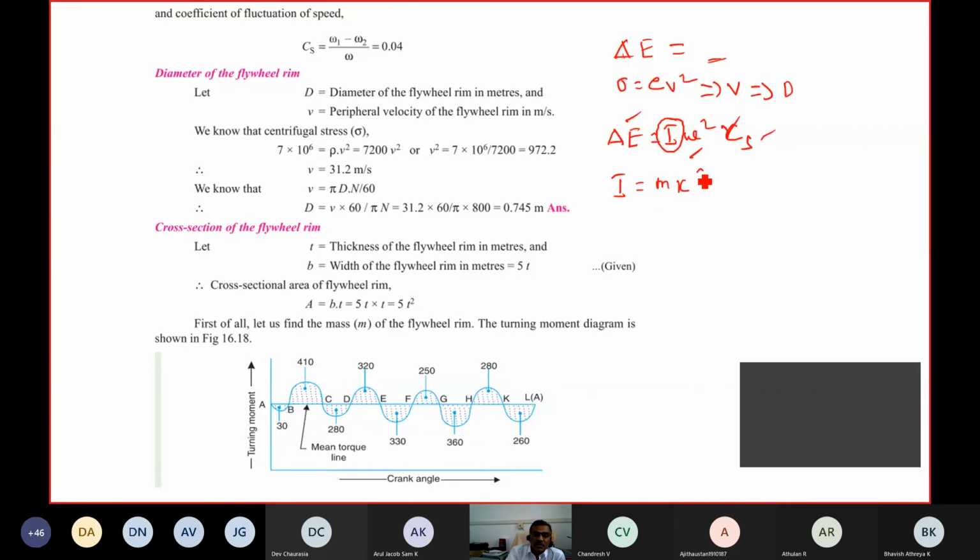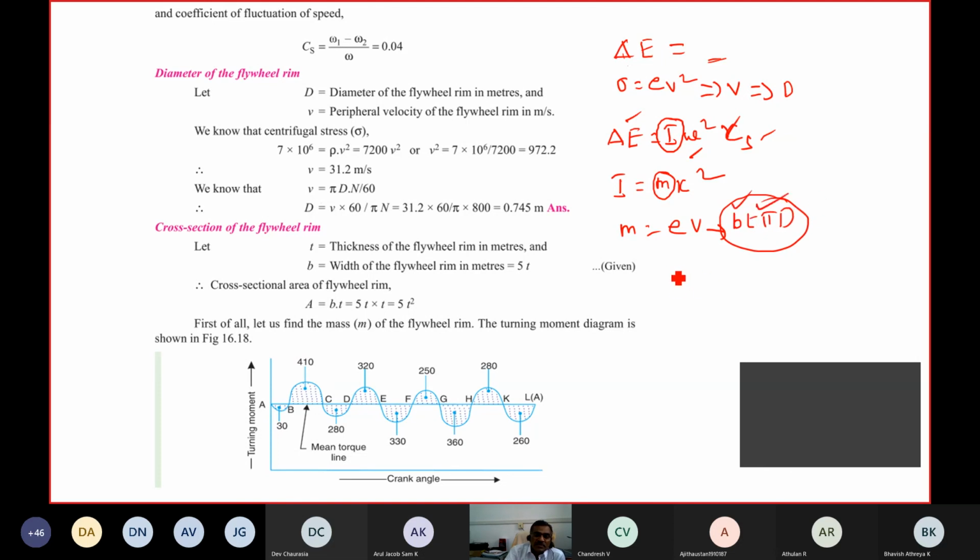I is equal to mk square. Here you have to find the value of m. What is m? Mass is equal to rho into volume. What is volume? Volume is equal to b t into πD. Here you can find the value of b, you can find the value of t.